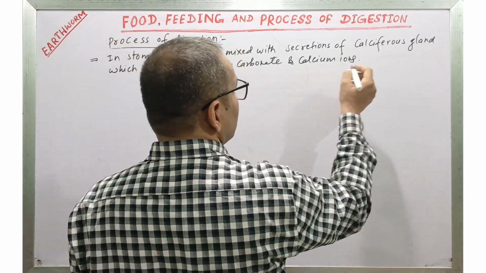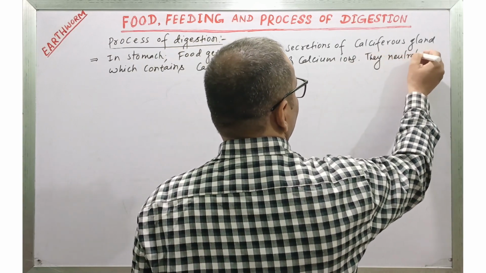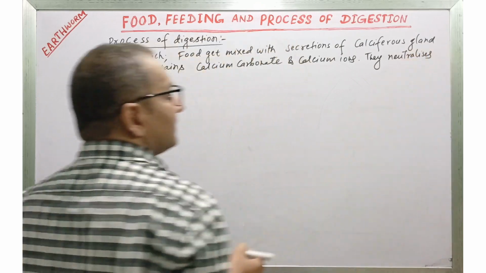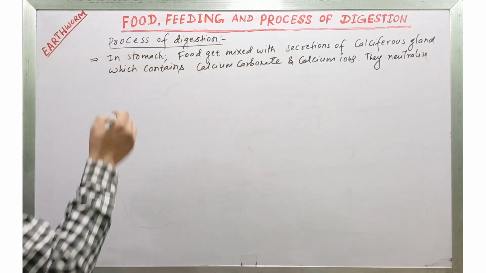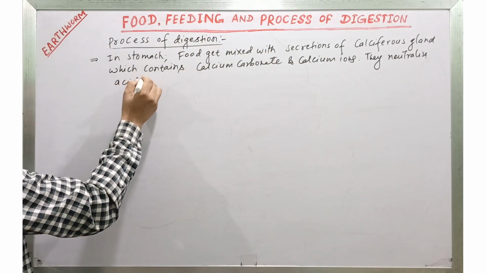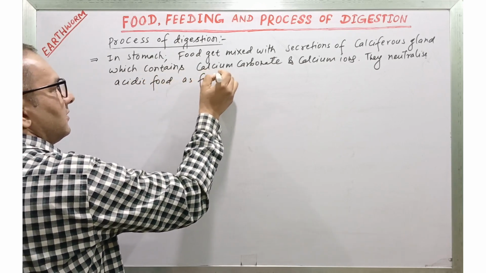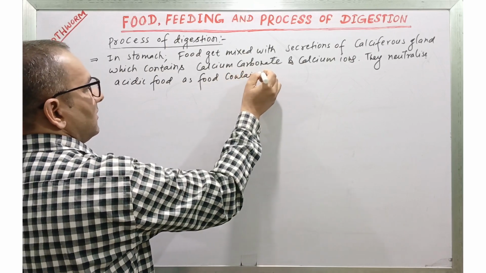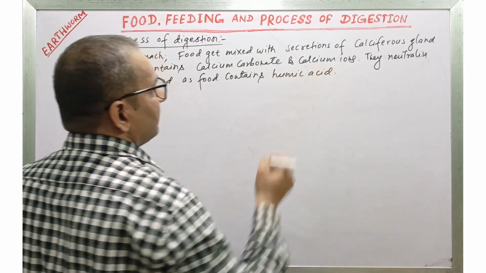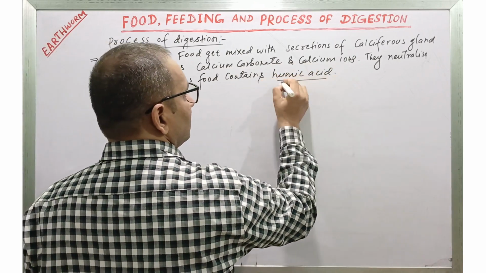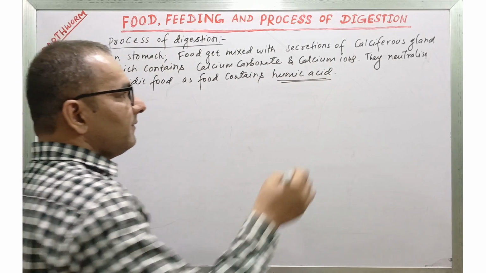They neutralize acidic food as the food contains humic acid, and the food is neutralized by the secretion of the calciferous gland.